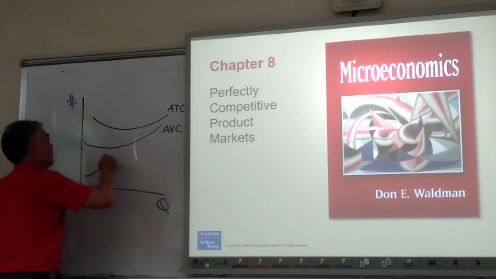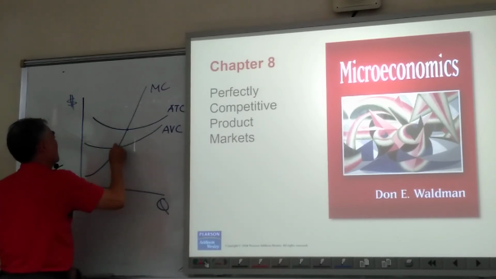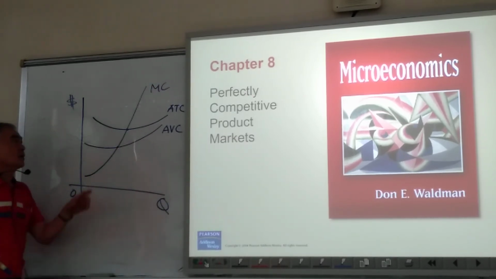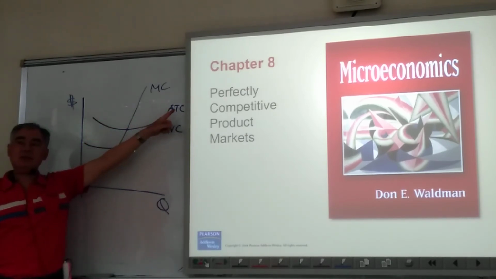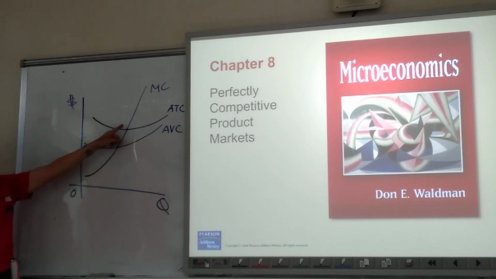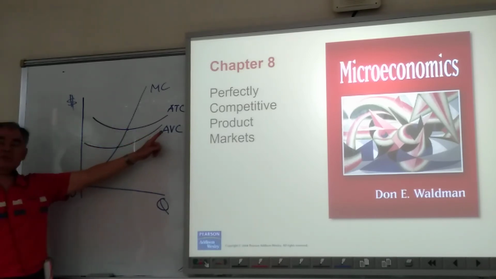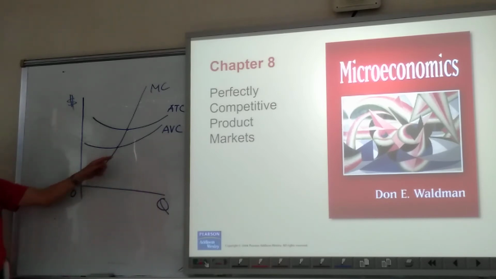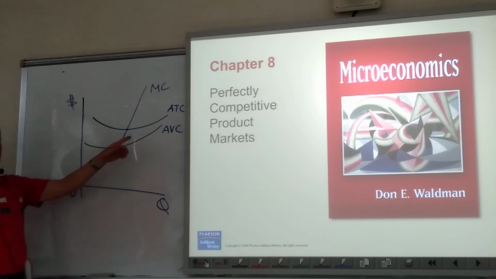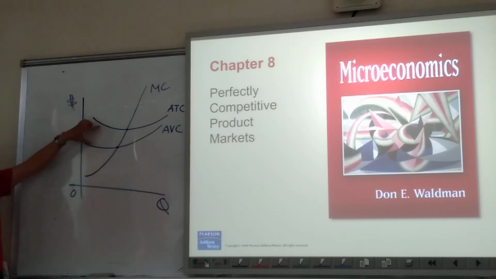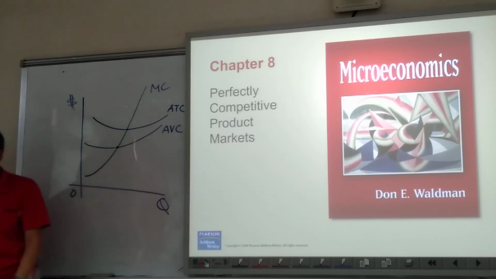And then you have marginal cost. So remember that the marginal cost curve and ATC intersect at the minimum of ATC, and marginal cost and average variable cost intersect at the minimum of AVC. And as you can tell, the distance between ATC and AVC shrinks. It becomes smaller and smaller.